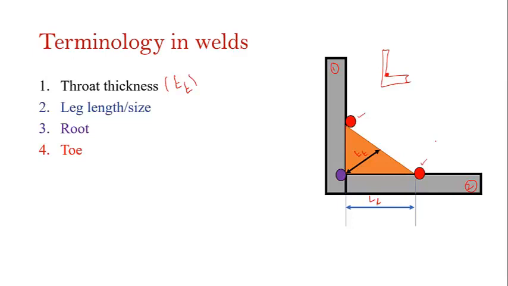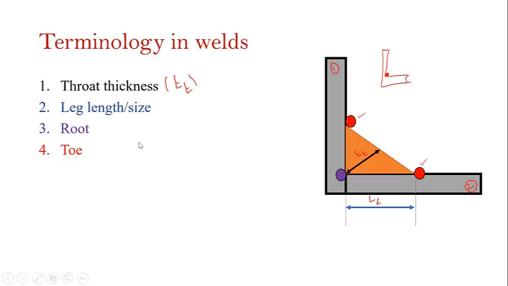Throat thickness is measured from the joint of the two members to the center of the triangle, and it is denoted with the symbol TT. The leg size or leg length is measured from the corner of the joint to the extreme edge of the weld, denoted with the symbol LL or LS.